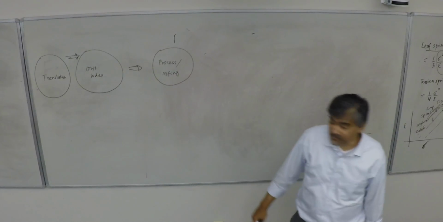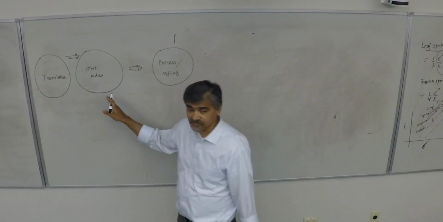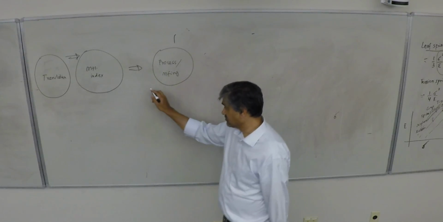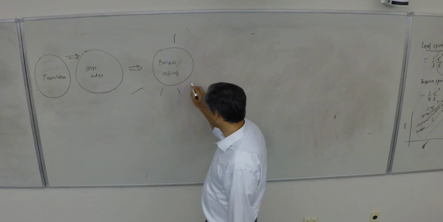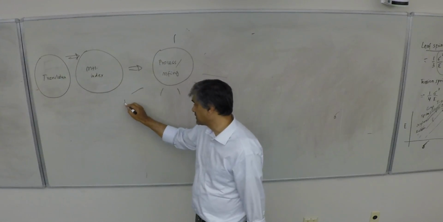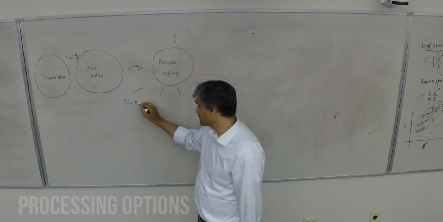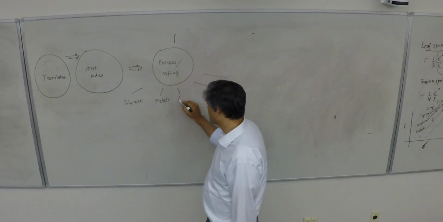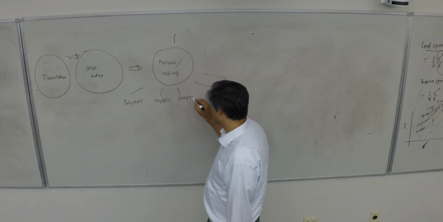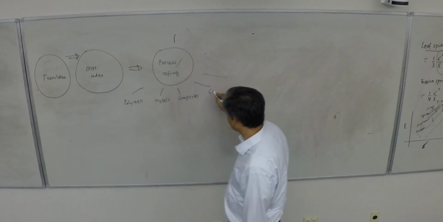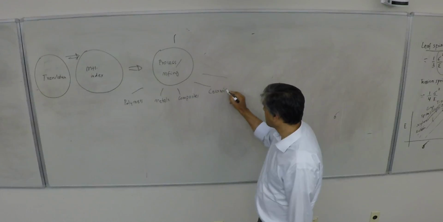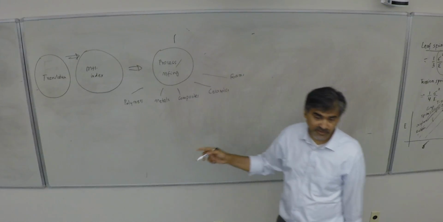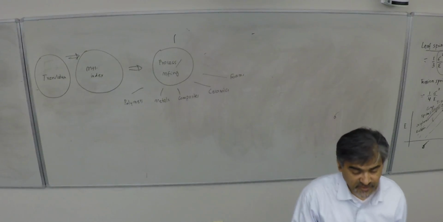So now that you all have some idea of the material options between polymers and the various materials, again let's list them. Here we have polymers, metals, composites, ceramics, and foams.